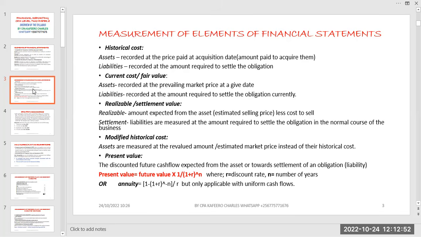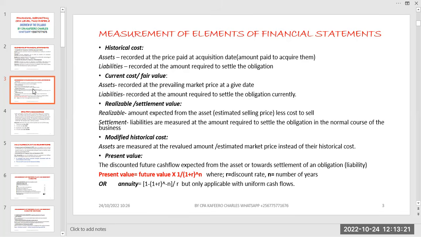If you are not using the discounting factor, we are going to be using an annuity factor. The difference between an annuity and the discounting factor is that with discounting, we are discounting the cash flows, and they may be uniform or they may be uneven.